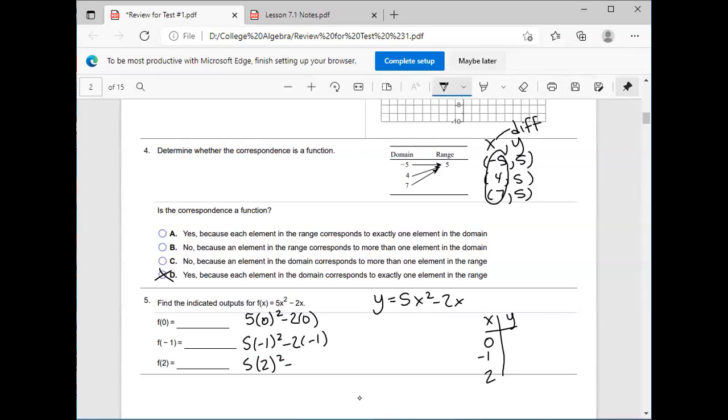And there's nothing wrong with working this problem the long way. If you did it this way, I would definitely check myself using the graphing calculator and look at my table after I plugged it in. But you should be getting 0 and 7 and 16. Okay, questions about that one?